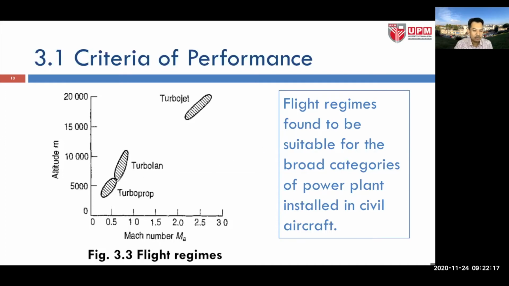So let's say you are the engine manufacturer, and the other person is the airline that would like to buy a new type of aircraft, and you have to decide what the suitability of your engine is. For example, the turboprop is suitable at a low altitude with a low speed, less than 0.5 to 0.7 probably, and a turbofan up to 10,000 meters. And then a turbojet, which is probably having a higher altitude and a higher Mach number.